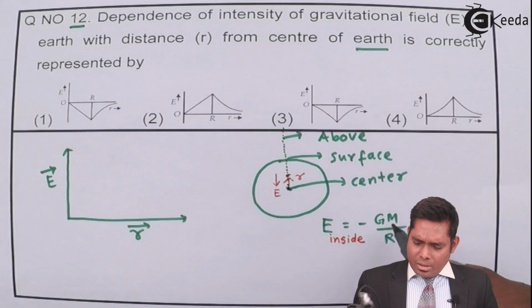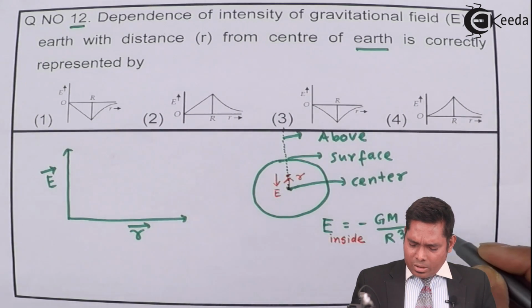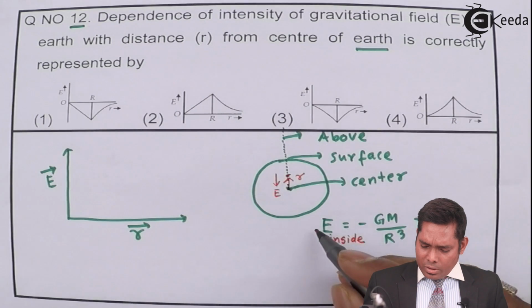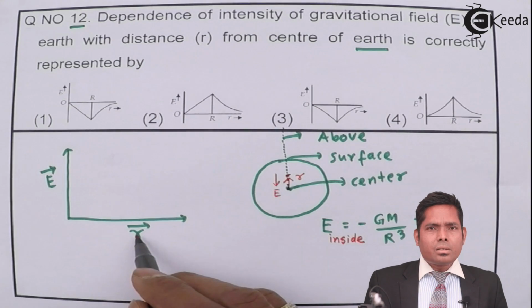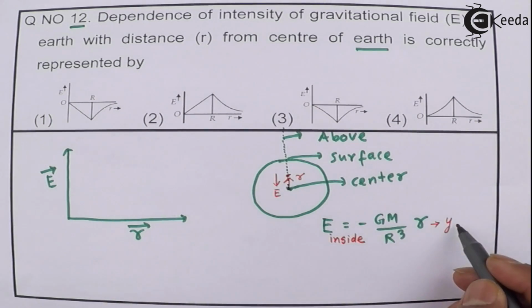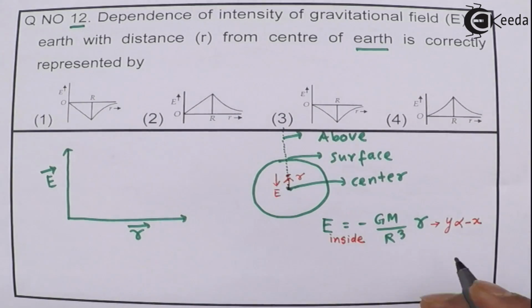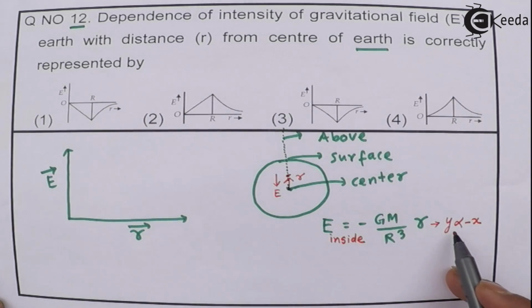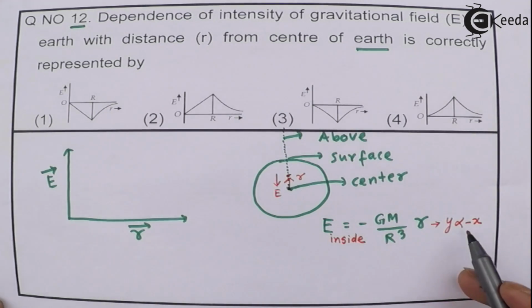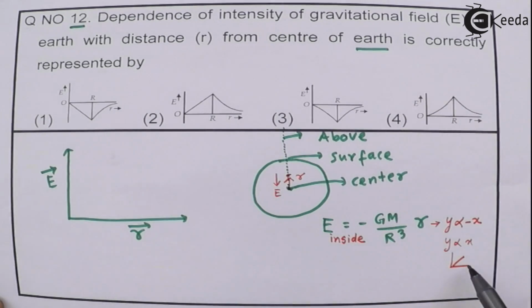As far as this is concerned, this is of the form y, because this is taken on the y-axis and this is taken on the x-axis, and this is a constant, so y is proportional to minus of x. If E is proportional to minus of r, then the graph is the mirror image of y proportional to x. The y proportional to x curve is something like this, and its mirror image will be something like that.